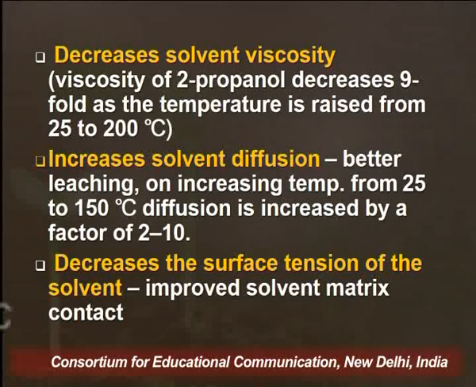So as I told you, when you increase the temperature, the viscosity of the solvent decreases. As the solvent viscosity decreases, the solvent can easily diffuse into the matrix, and since the increased temperature has increased the solubility power of the solvent, it will dissolve the solute molecules which are adsorbed on the surface, and because of this decreased viscosity, the solvent which has solubilized the solute will be easily diffused out from the matrix also.